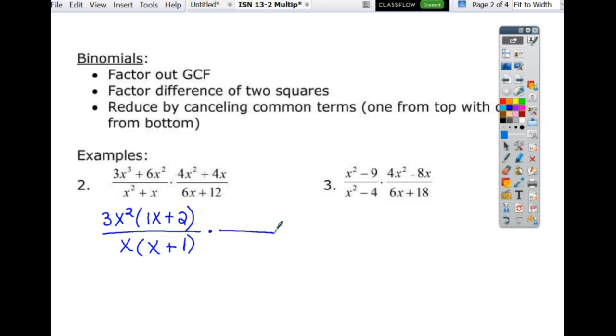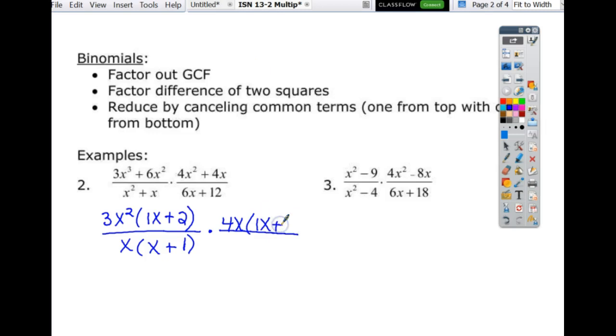4x squared and 4x. What number can I take? How about 4? Is there an x in both terms? Yes, and the lowest exponent is x. So 4 times what gives me 4? 1. Who said 2? So I have one x, but I need two x's, so I need another x.